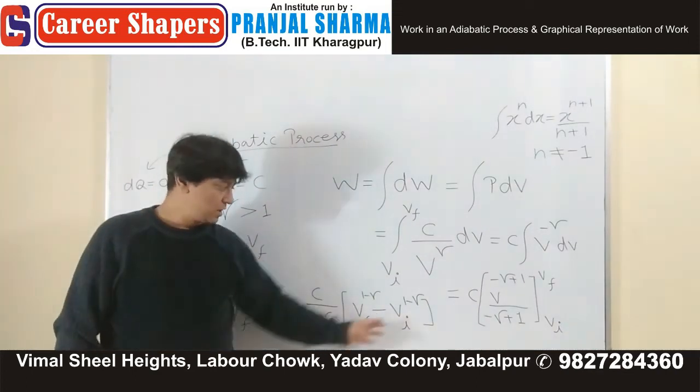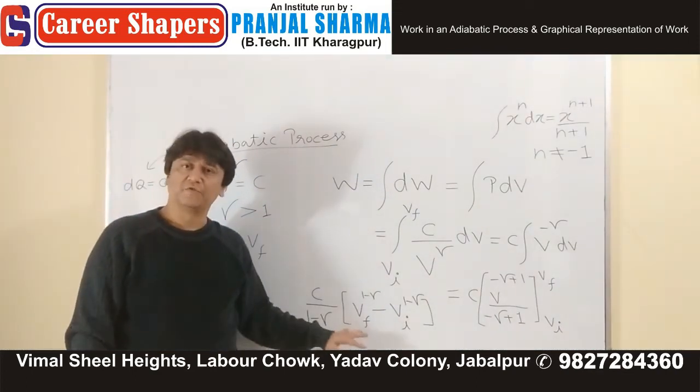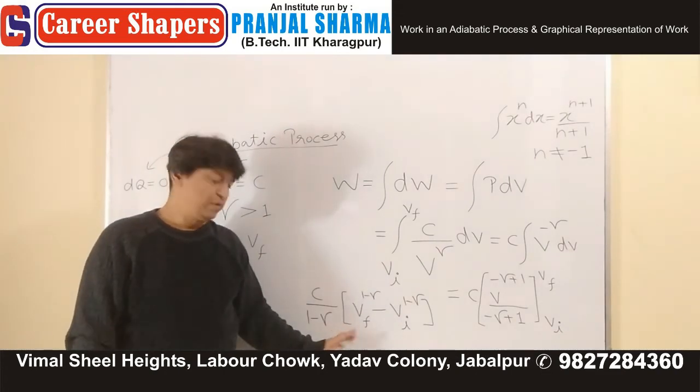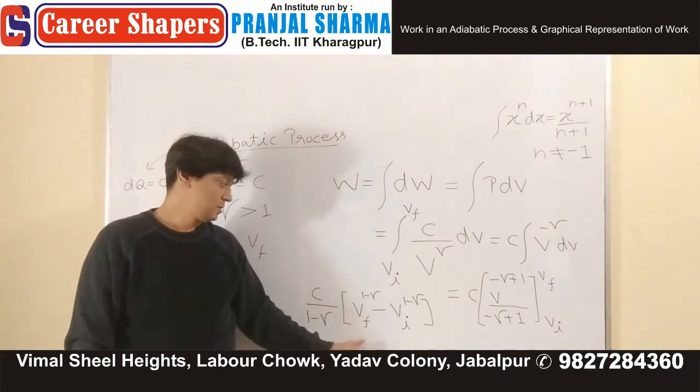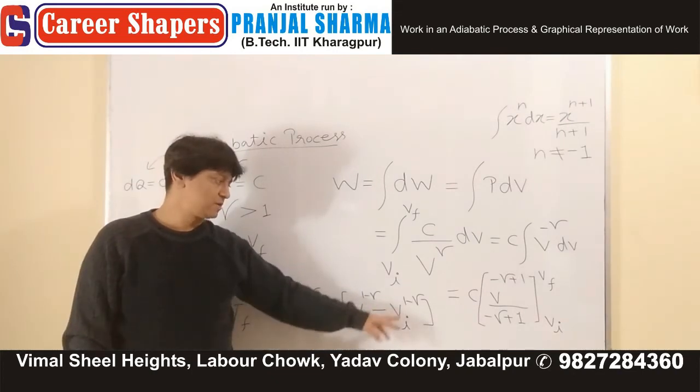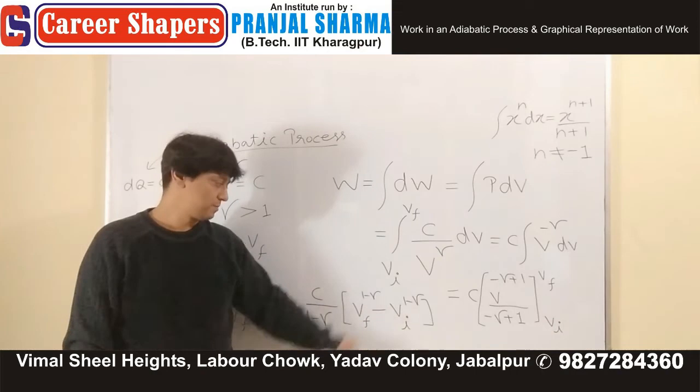This is the work done. We'll further simplify this, but this is the integration part. V final 1 minus gamma is the upper limit minus V initial 1 minus gamma is the lower limit.